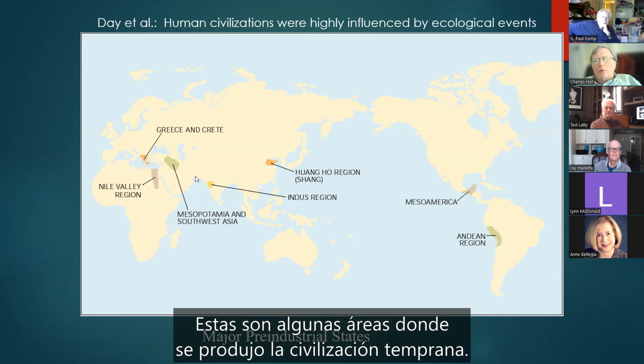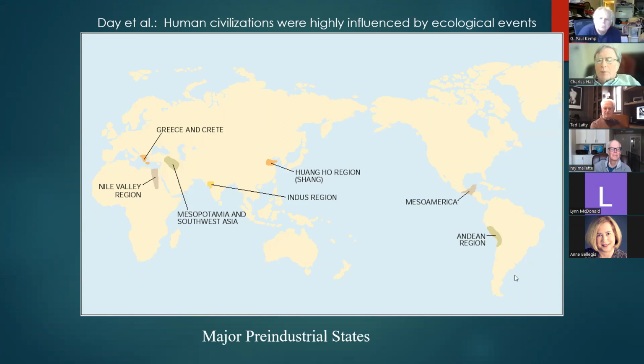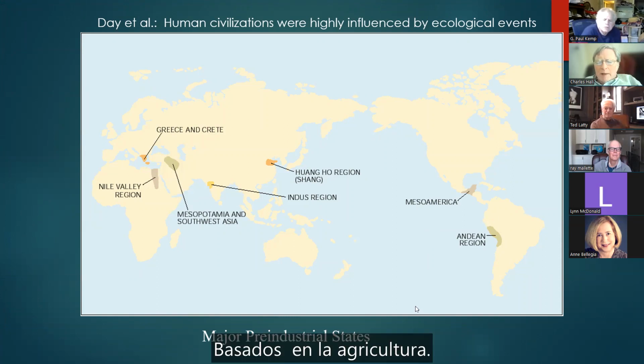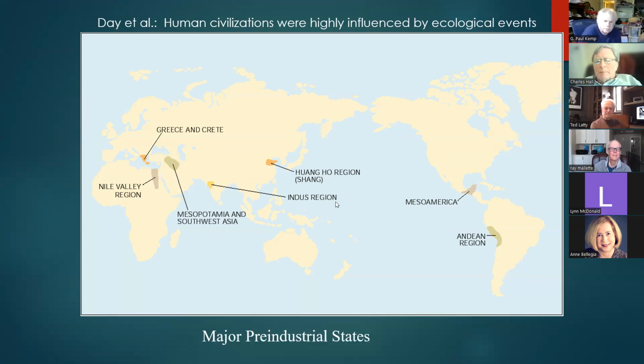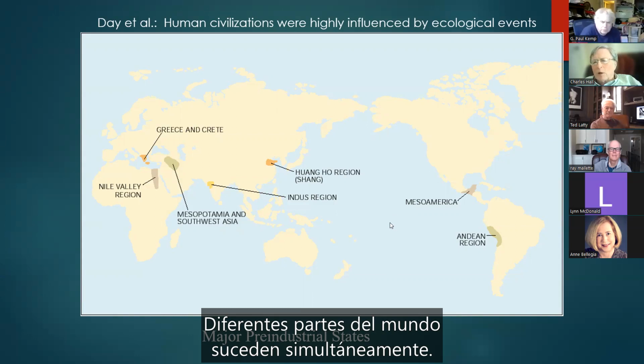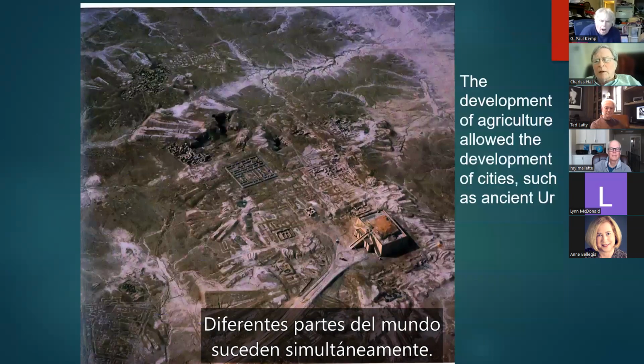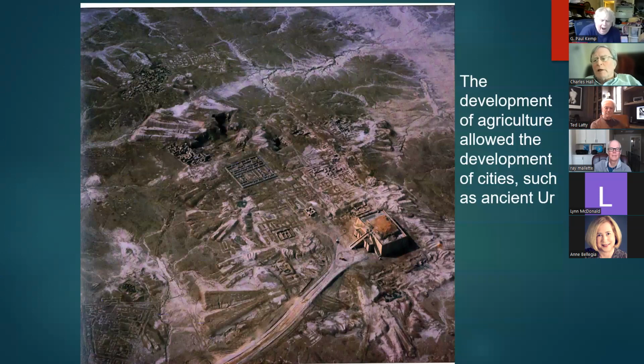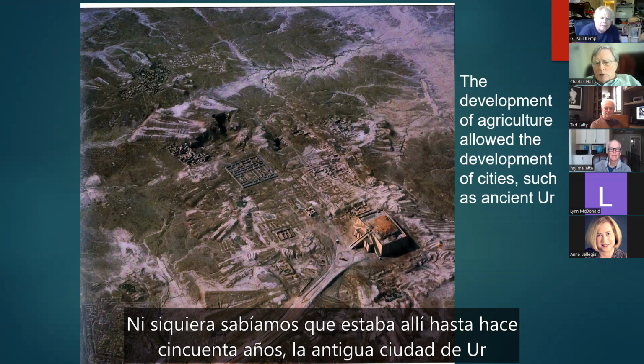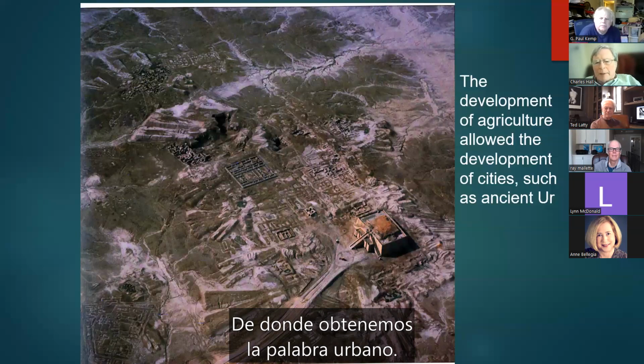These are some areas where early civilization, quote unquote, took place based on agriculture, in different parts around the world, all happening simultaneously. We didn't even know it was there until 50 years ago: the ancient city of Ur, from which we get the word urban.